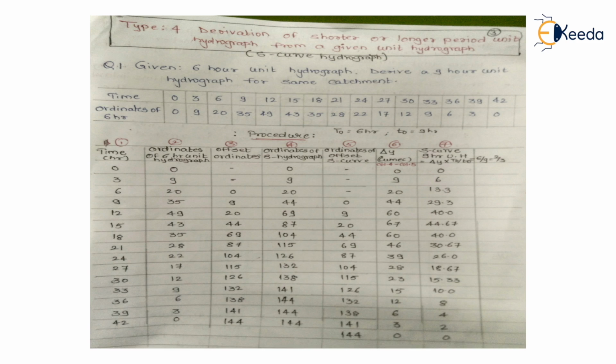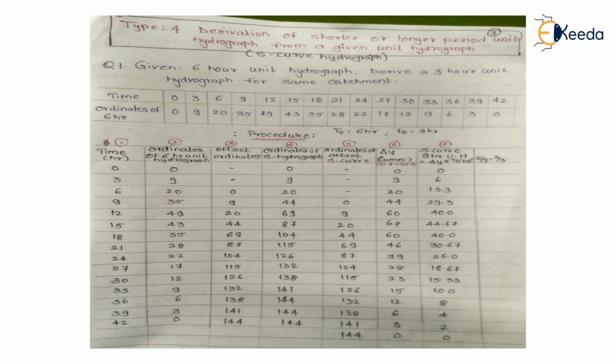Okay, now for finding out the difference between the offsetted S-curve 9R ordinates and the offsetted S-curve 6R ordinates, we have to subtract column 4 and column 5 ordinates. In column 6, you can see the delta y, which is nothing but the difference between the offsetted S-curve ordinates, the given ordinates and the derived ordinates.